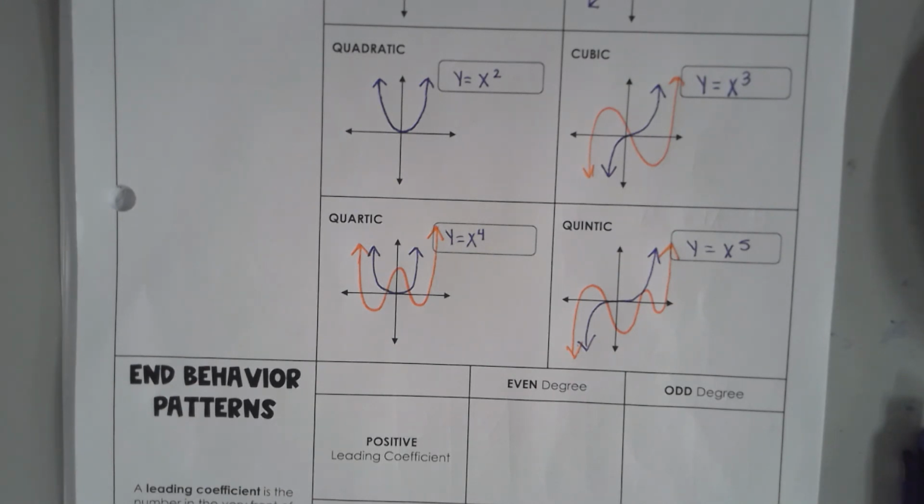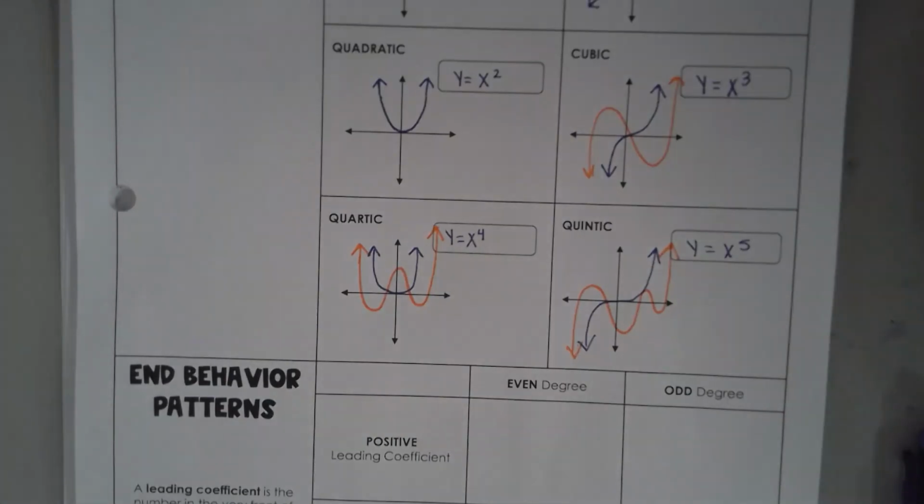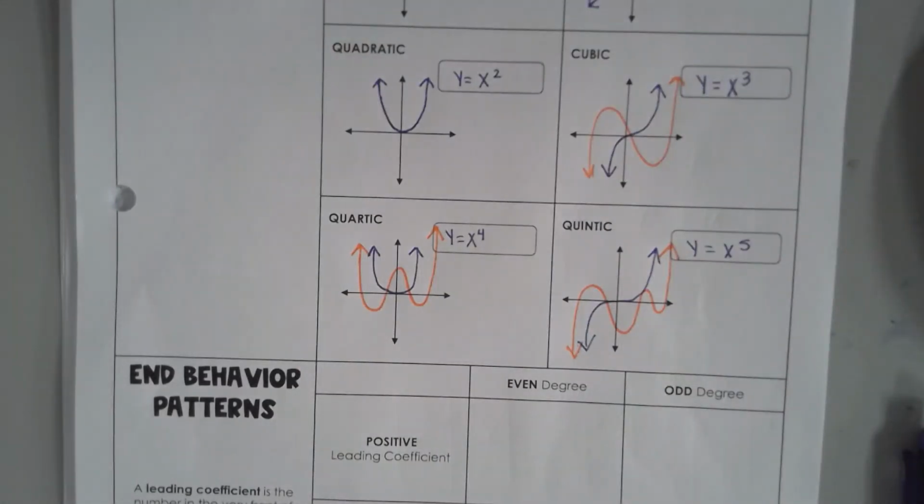Look at the ends, or where the arrows are. What do you notice about the arrows on the left side? They're both facing up, right? And what about the ones on the right side? One's up, one's down. And that's what we focus on when we talk about end behavior.